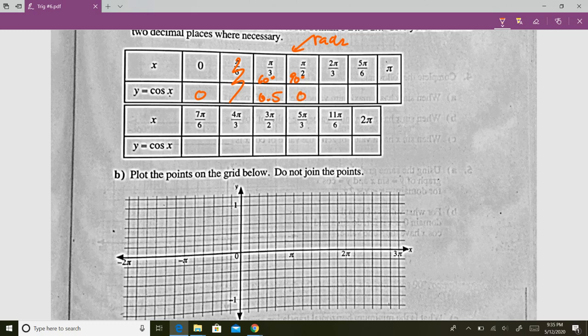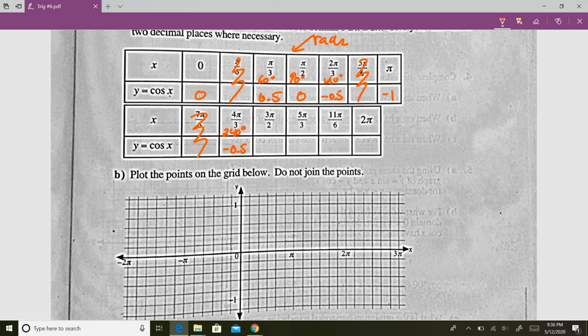2 pi over 3, which is 120. You'll get negative 0.5. We're not doing that one. Cosine of pi will spit out negative 1. And 4 pi over 3, that's 4 60-degree angles. 6 times 4 is 240. That has a value of negative 0.5. 3 pi over 2.